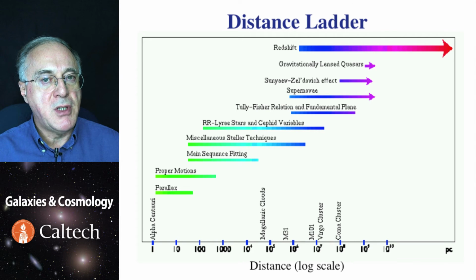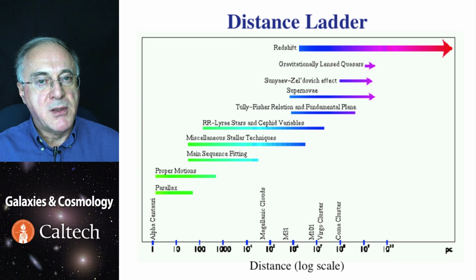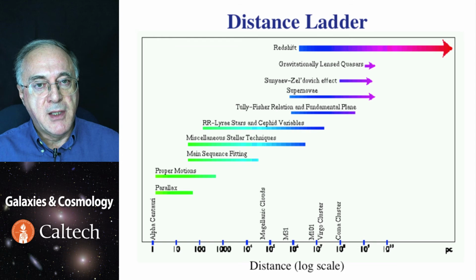Once we go beyond the regime where it's easy to do galaxy distance indicators, two other methods come in on really cosmological scales, the Sunyaev-Zeldovich effect and gravitational lensing. In principle, they do not depend on the distance ladder. However, they are model dependent, and therefore previous calibrations are important as a check.